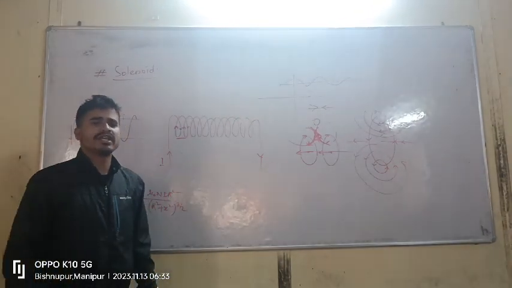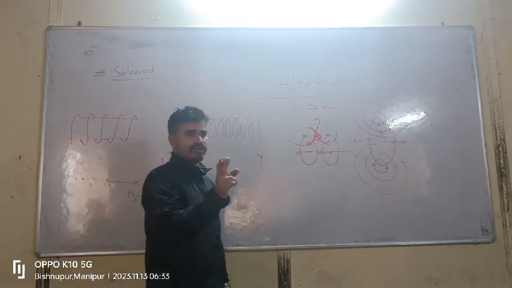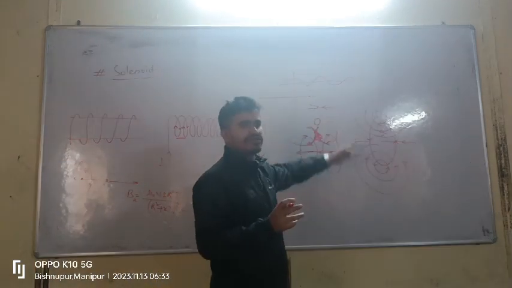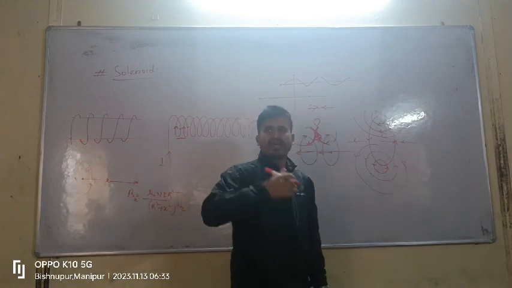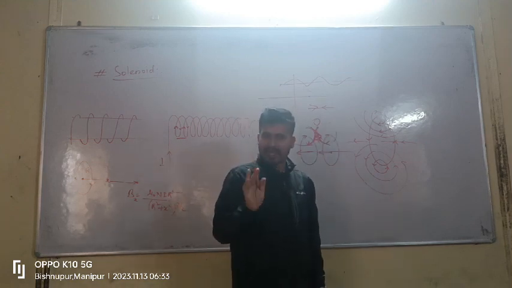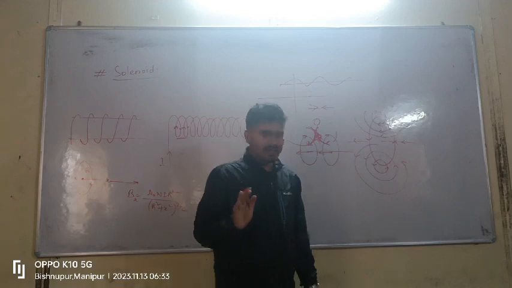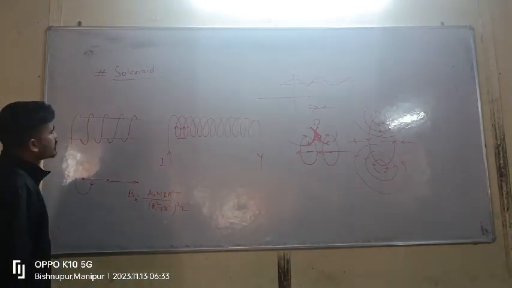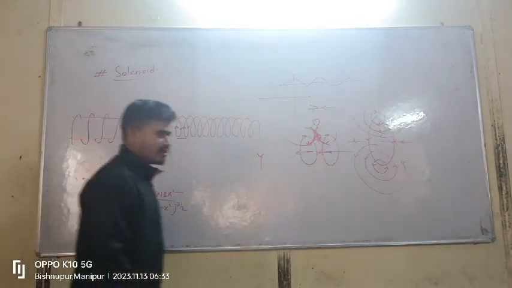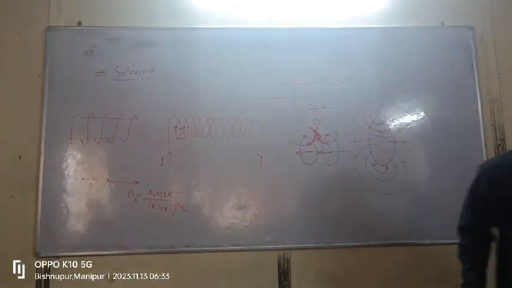It will be nearly zero, not exactly zero, because there are some lines which can represent the magnetic field there. But it is nearly zero. Clear to everyone? Okay. We will have to calculate the magnetic field inside only. Let me calculate the magnetic field inside.